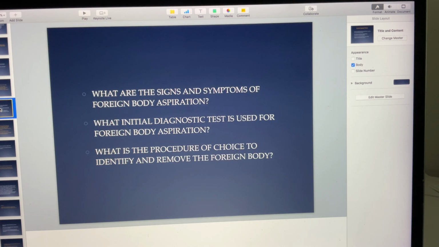What are the signs and symptoms of foreign body aspiration? What initial diagnostic test is used for foreign body aspiration? What is the procedure of choice to identify and remove the foreign body?